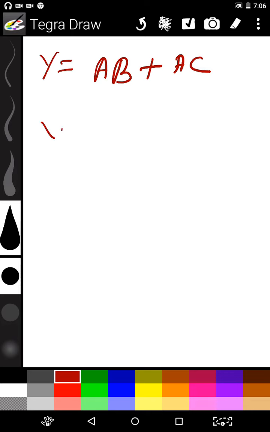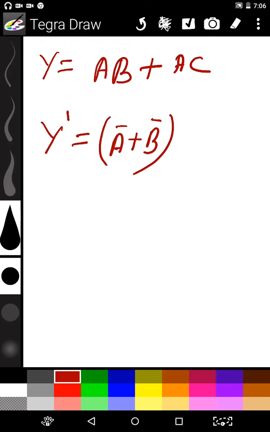The complement form will be: we have to complement each and every variable, the dot becomes a plus sign, so a bar plus b bar, and the plus sign becomes a dot, so dot a bar plus c bar. This is the complement representation of the expression.